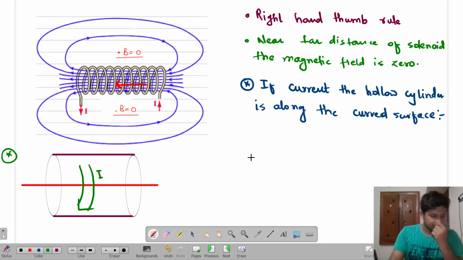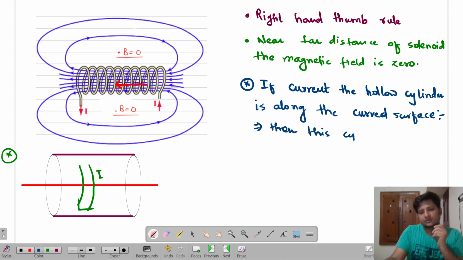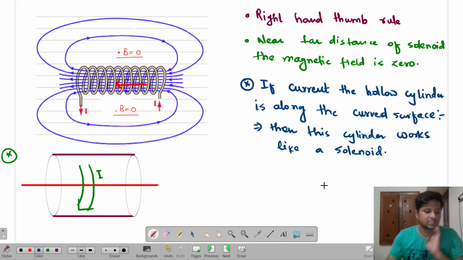And let's suppose this current is I. Then this cylinder works like a solenoid. So no need to prove it. Yeah, the whole cylinder works like a solenoid. Is that clear?